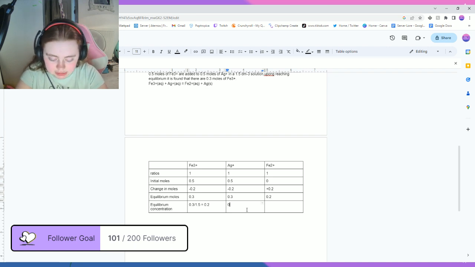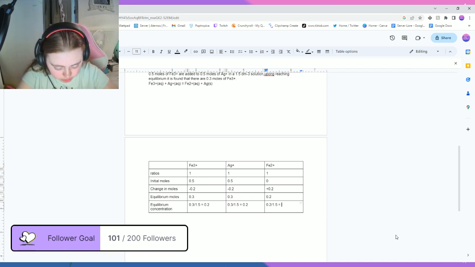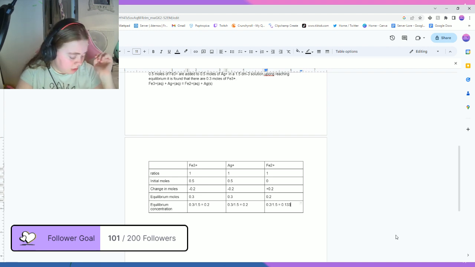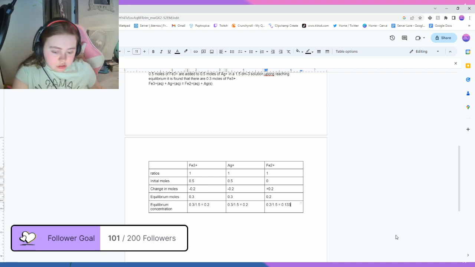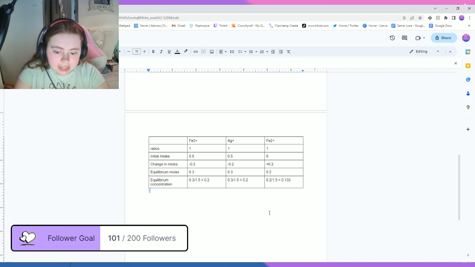This will be the same for this one here because it's the same number. And then this one will be 0.2 divided by 1.5. These two have the same equilibrium concentration. So 0.2 divided by 1.5 is 0.1333 recurring. And then you would put those into your Kc equation.